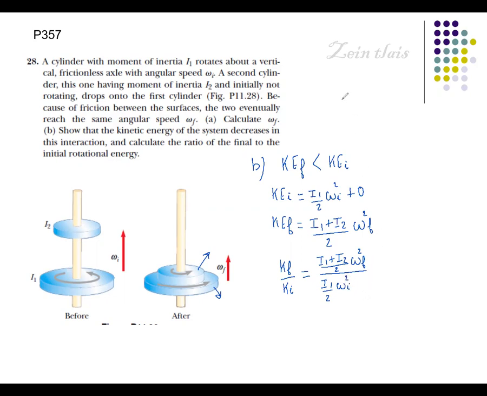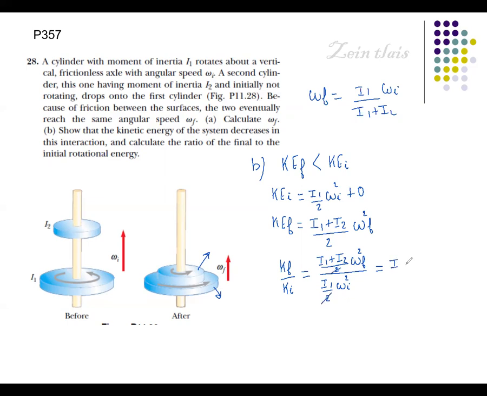And we calculated the relation between omega final and omega initial, which is equal to I1 divided by I1 plus I2. We can substitute the value here. We can eliminate 2 and 2.